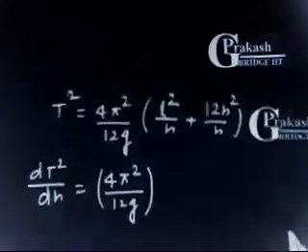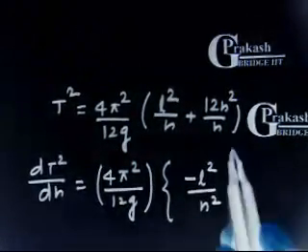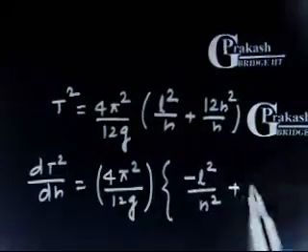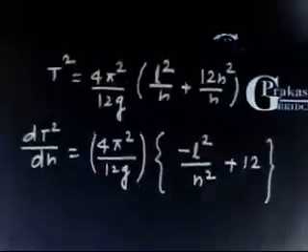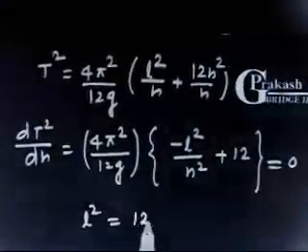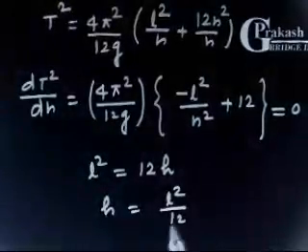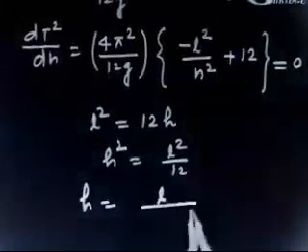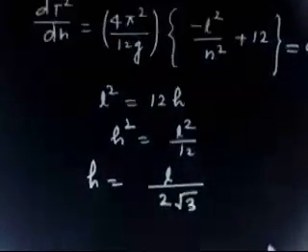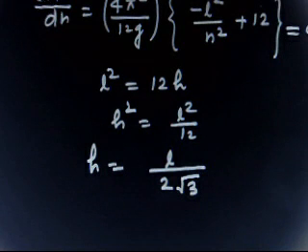Now L square by h gives minus L square by h square, and the other term is simply 12h by h, which gives 12. Are you getting? If you put it equal to 0, L square is equal to 12h square. So h square will be L square by 12, and from here you have h equals L by 2 root 3. So this is the distance between the center of mass and the point of suspension. In that case, the time period will be minimum.